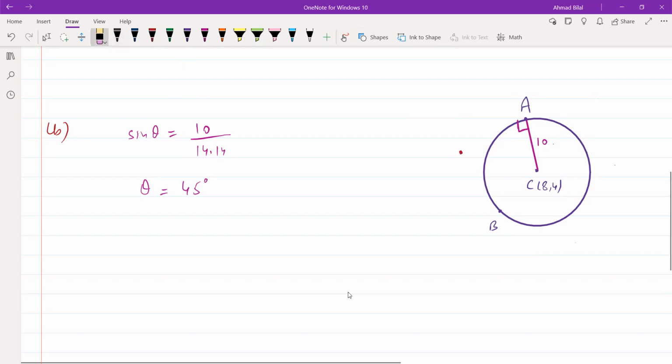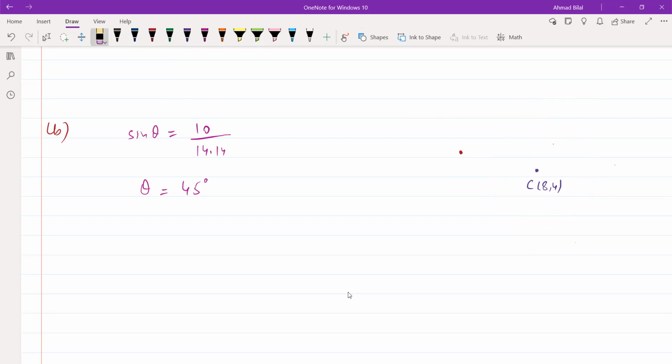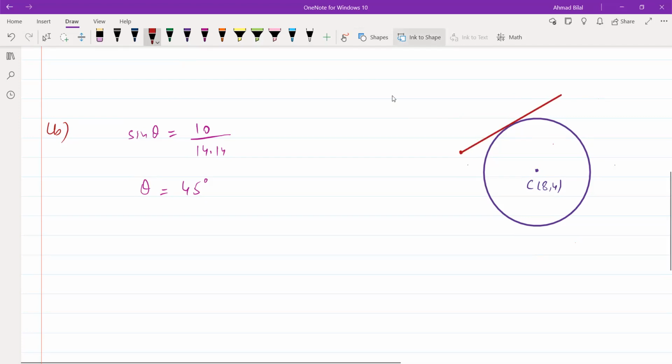I don't know. Let's try. Just to help us think better. So we draw two tangents from there. This is one tangent. This is the other tangent. Okay, so this is almost 90 degrees in the middle.